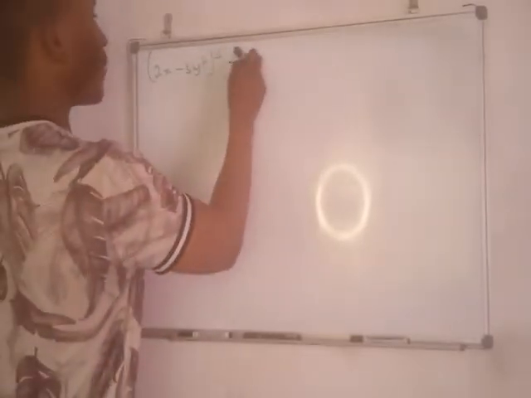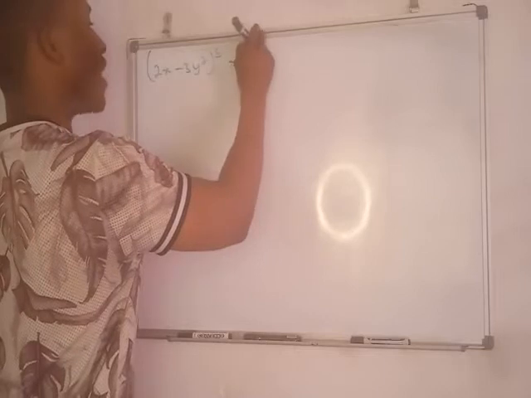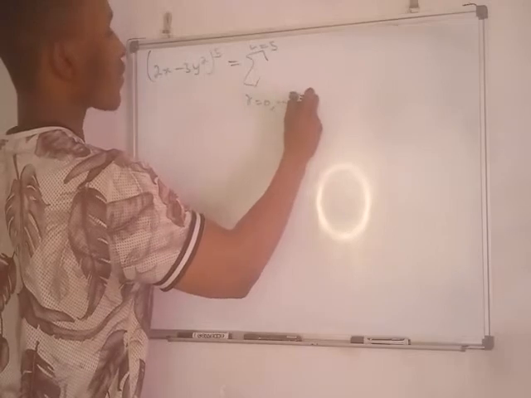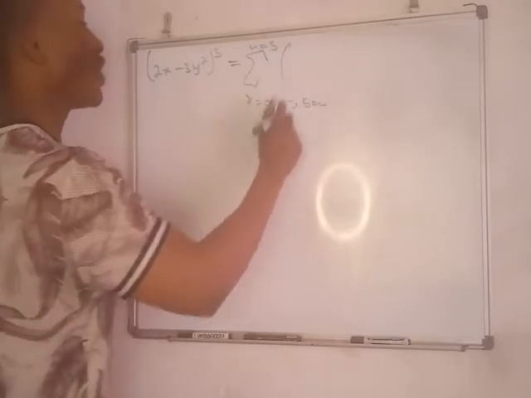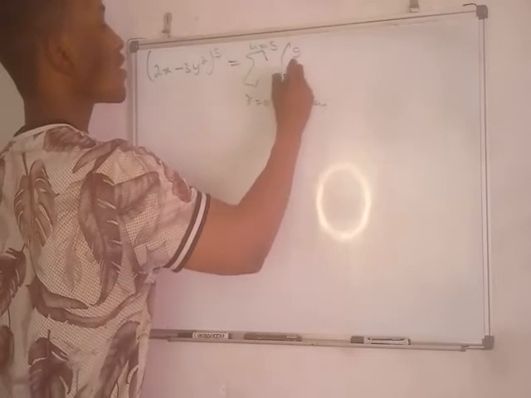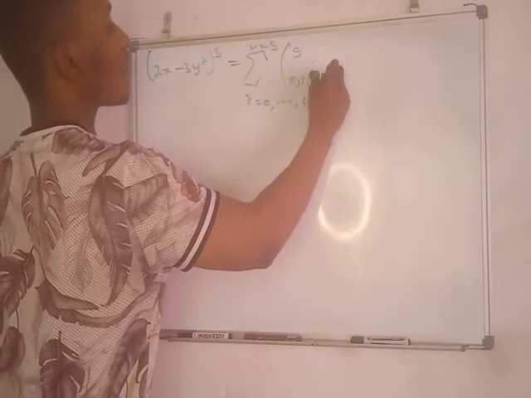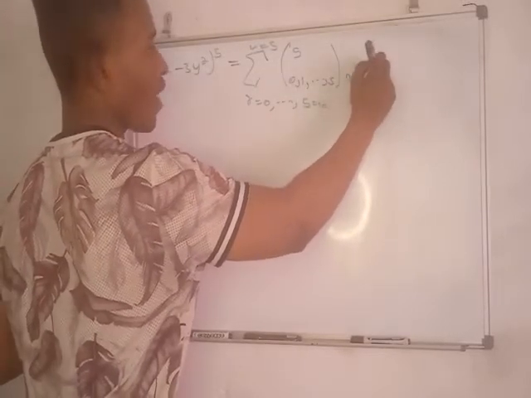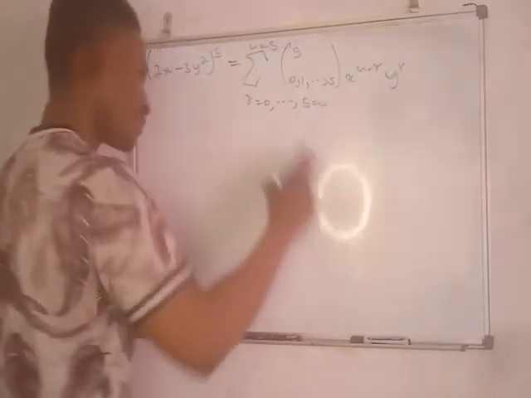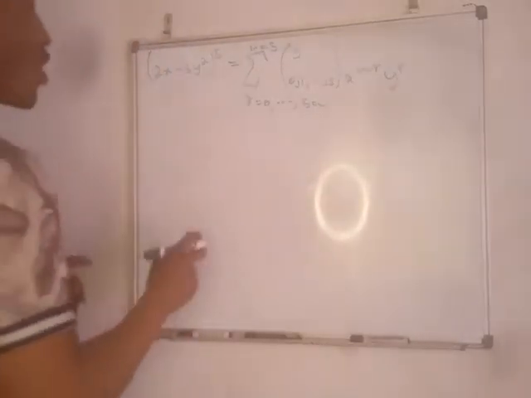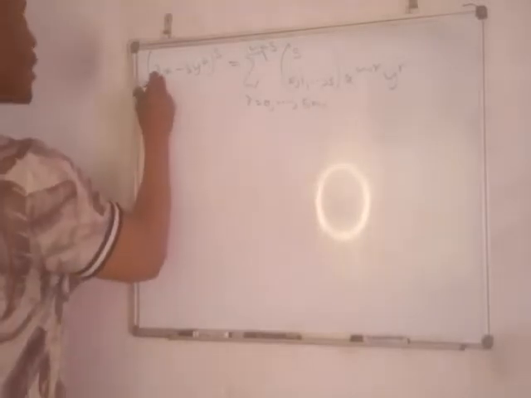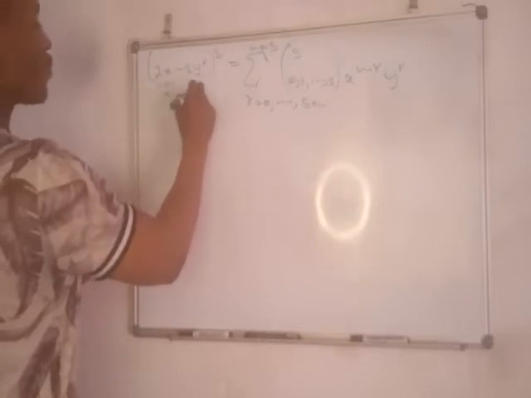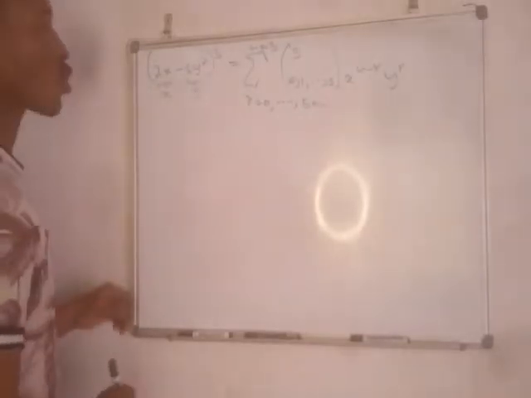We know our binomial theorem, n equals 5, r from 0 all the way to n, which is 5. The formula is n combination r, x to the n minus r, y to the r. So we are going to take this whole part and make it x, and this whole part and make it y, so that it is simple for us to compute.